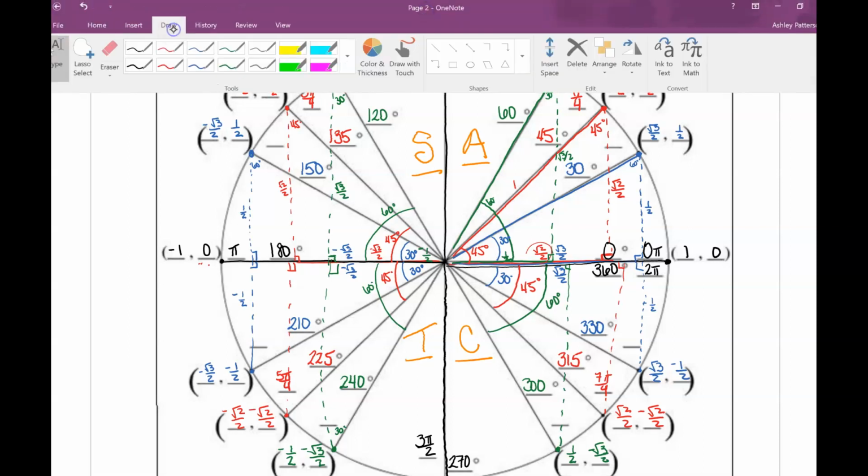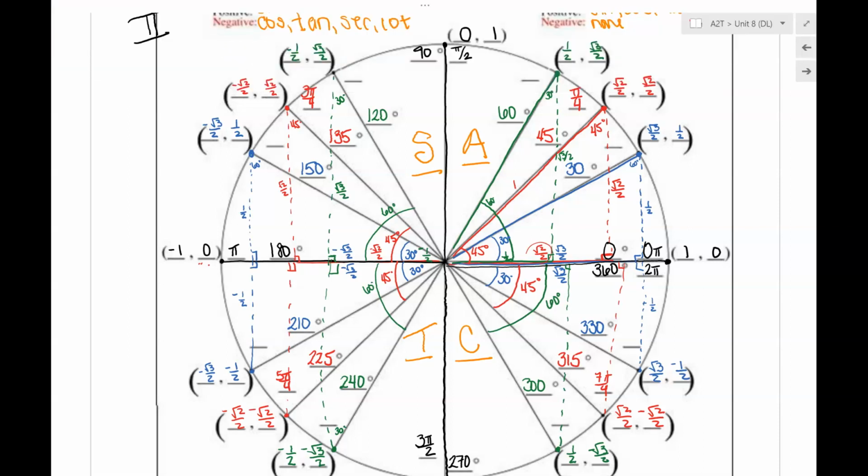Okay, let's do the 60. 60 we converted to find that this was pi over 3. When we went around and created the unit circle, we did 60, 60 plus 60 is 120, and then 180, and then 240, 300, 360. We're going to do the same thing with pi over 3.